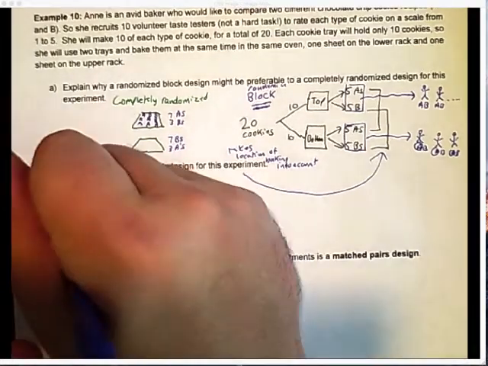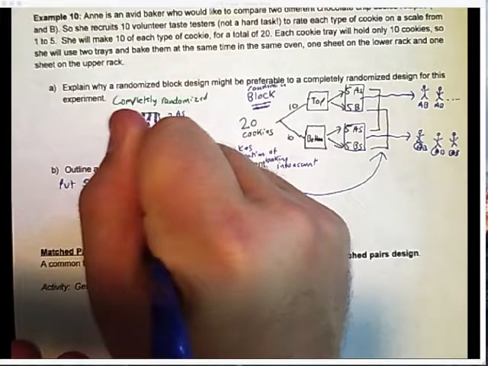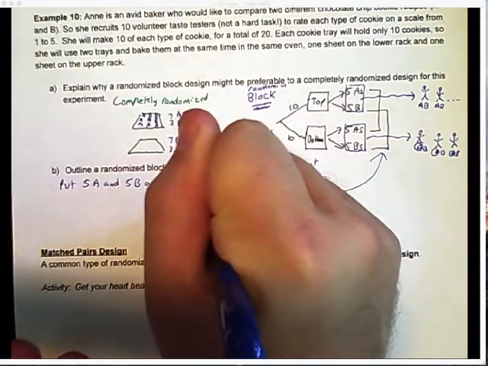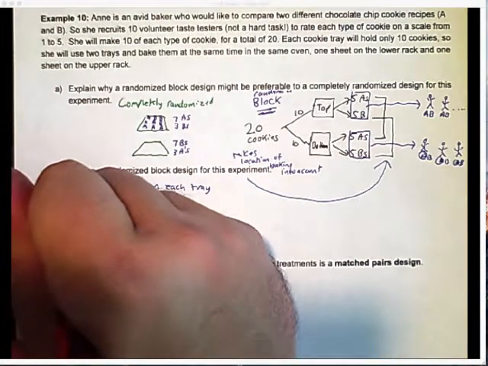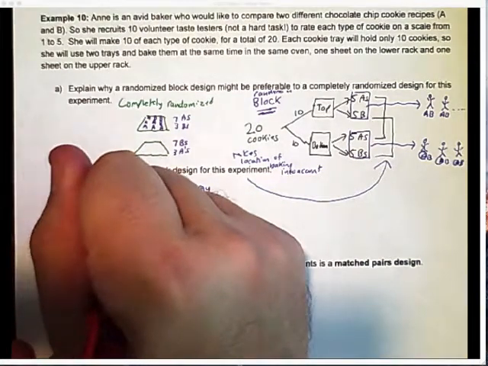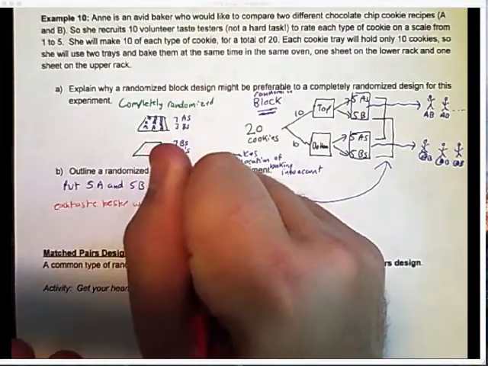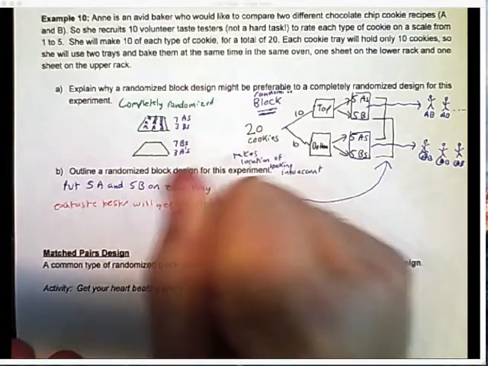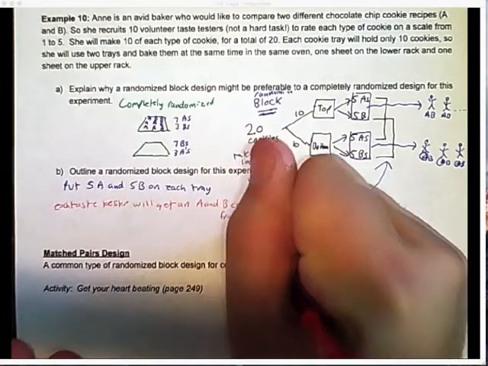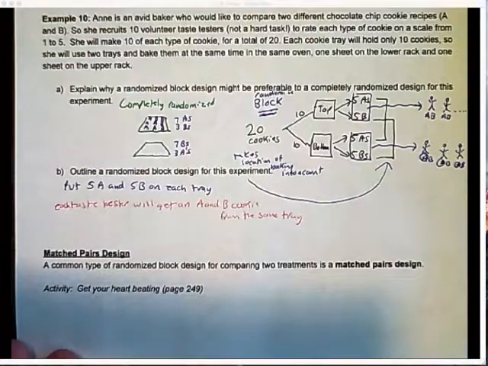We're going to put 5 A's and 5 B's on each tray, and each taste tester will get an A and B cookie from the same tray. That's probably the best way to do it.